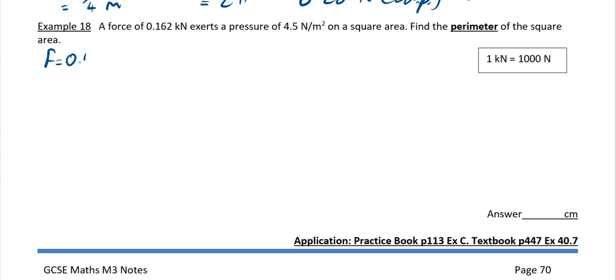Force is 0.162 kilonewtons. So a kilonewton means 1,000 newtons. So that's going to be 162 newtons. Let's just write down our pressure is equal to 4.5 newtons per meter squared.